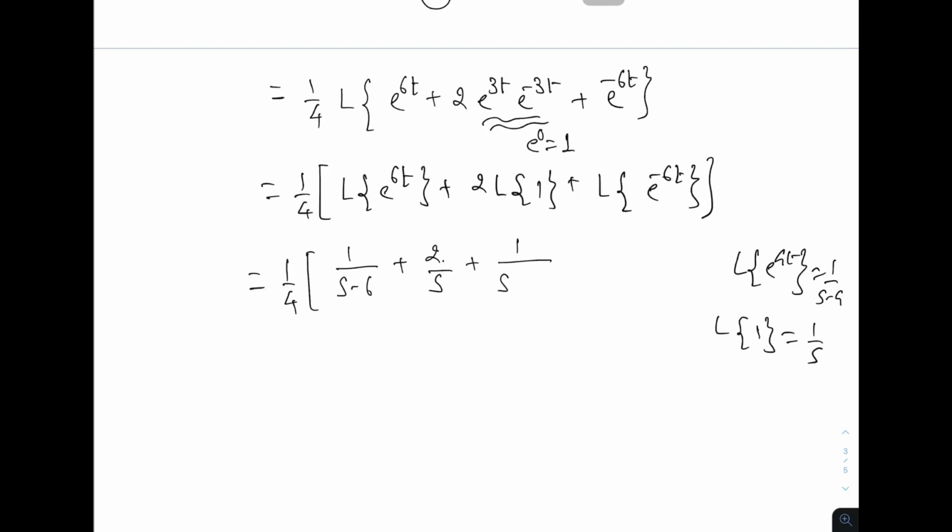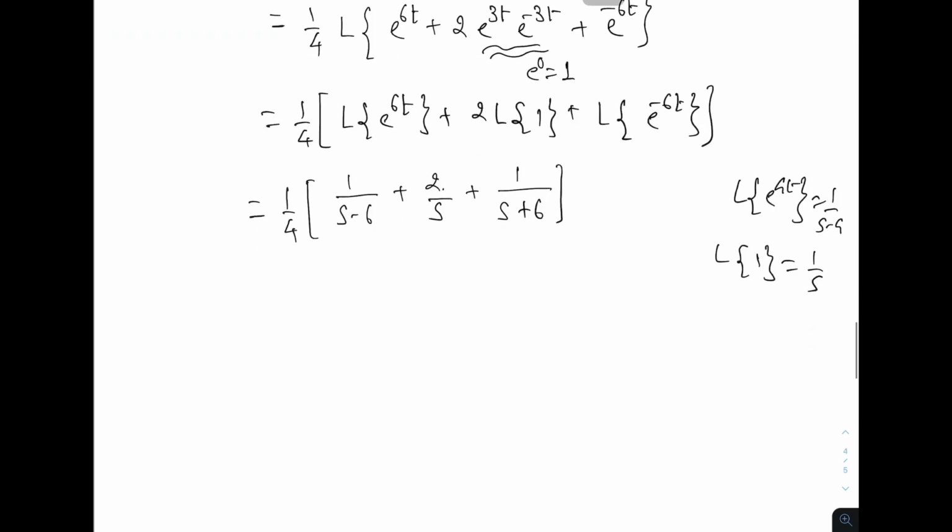Now here e power at, a is minus 6, so here we need to put minus 6. So s minus minus 6, s plus 6. And if you want, you can simplify, otherwise it's okay. If you simplify, then it will be s square minus 16, and here we will be having s square minus 18, but it's okay if you don't simplify.